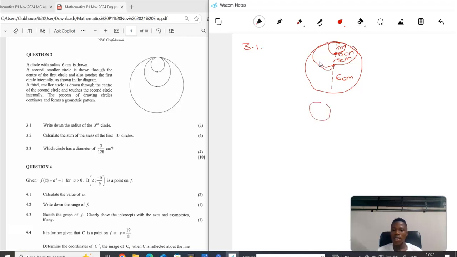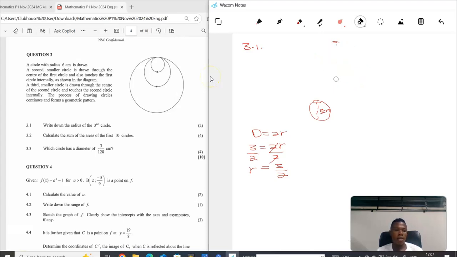For the circle, I know that the diameter is 2 times the radius. Therefore, my diameter is 3, and my radius will be 3 all over 2. Therefore, you are done. Okay, let's go to 3.2.